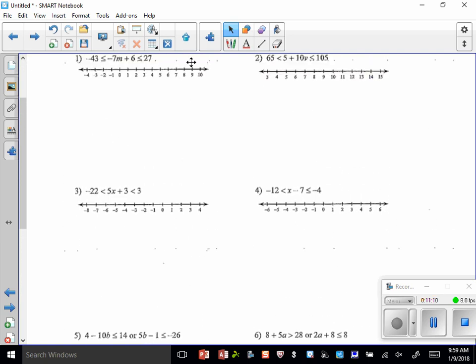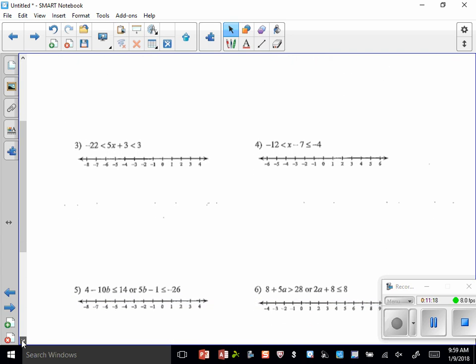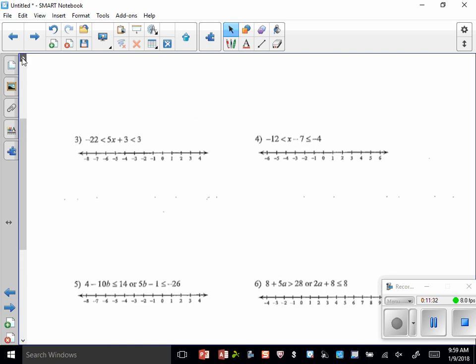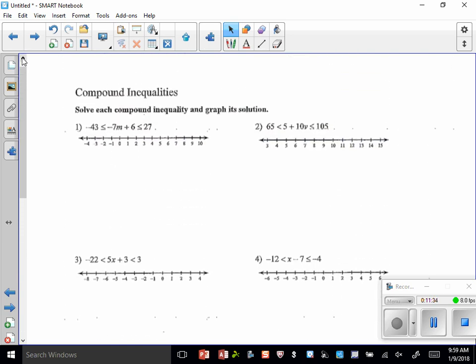In your textbook, they might use and, they may not use and, so I want you to be aware of that. But you will always see the word or. Whenever you don't see the word, then you automatically know it's an and statement, because or will always be visible. So that's one way you can tell. All right, let's do the first one together.